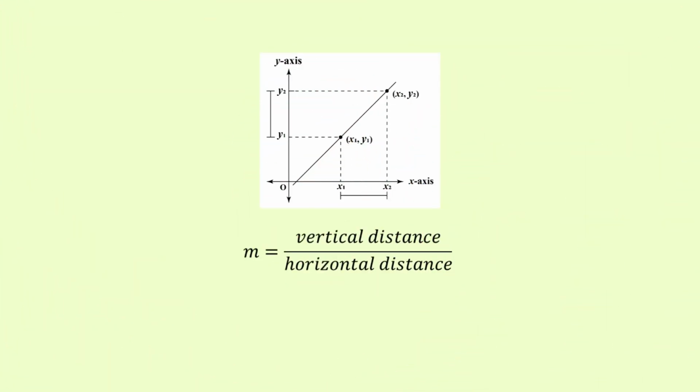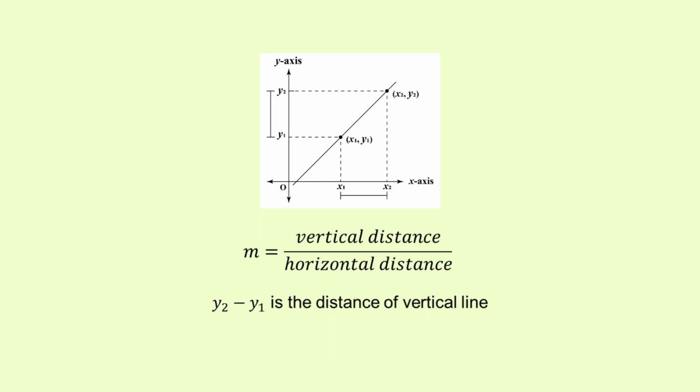Next, we are going to find the formula to calculate the gradient of a straight line on the Cartesian plane. Previously, we have seen that the gradient of a straight line is the ratio of the vertical distance to the horizontal distance. In this diagram, the vertical distance is the difference between the y coordinates, y2 minus y1.